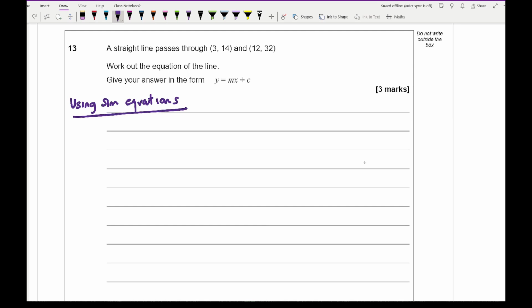So if you use simultaneous equations, what you want to do is substitute these numbers into y equals mx plus c. So here I've got x is 3 and y is 14 in the first one.